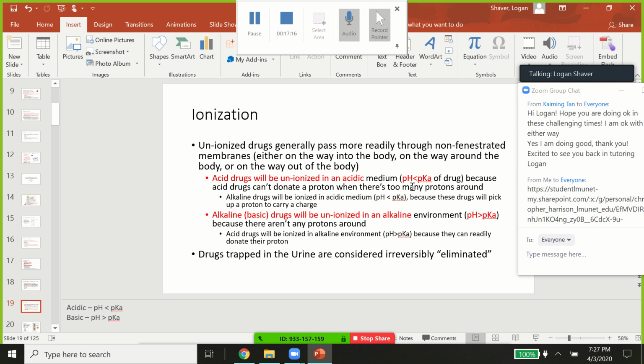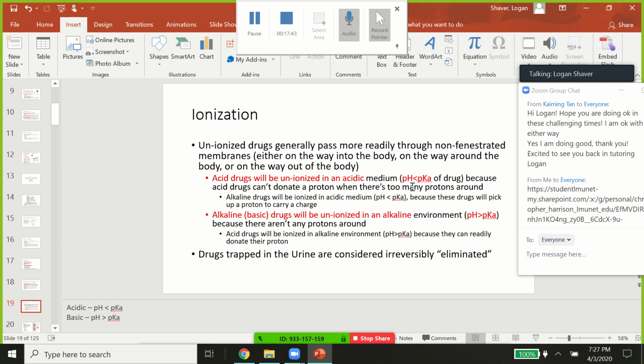And then alkaline or basic drugs, of course, it's the opposite. They're going to be unionized in an alkaline environment, so the pH is higher than the pKa of that drug. With that in mind, if you had an acidic drug in acidic conditions, say like gastric acid, it's going to be easily absorbed because it's not ionized in that condition.